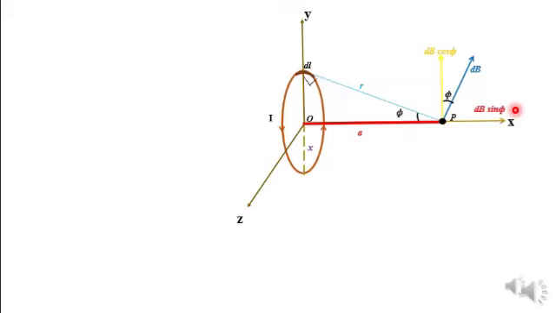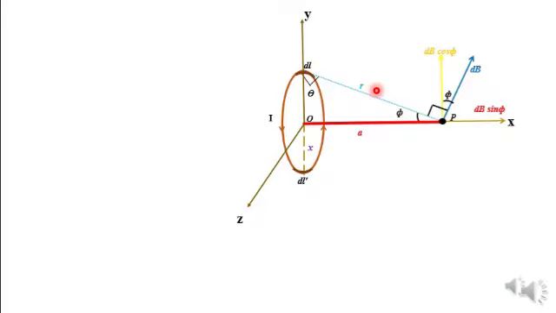Theta is the angle between current element dl and r. Since the current element is in the yz plane and r is along the x-axis, theta will be 90 degrees. This angle is also 90 degrees because according to Biot-Savart law, the magnetic field dB is perpendicular to the distance r.